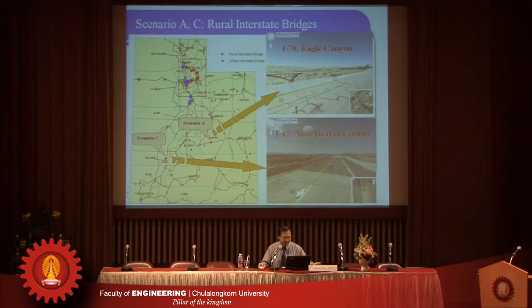So these are scenarios A and C. This is for the rural area, okay? A is right here, so you can see the Google map right here. This one is on I-70, Interstate 70, and this is really in the rural area, in the middle of nowhere. So if this bridge collapses, there's really no close alternative, okay?